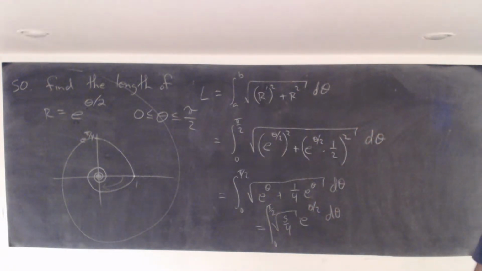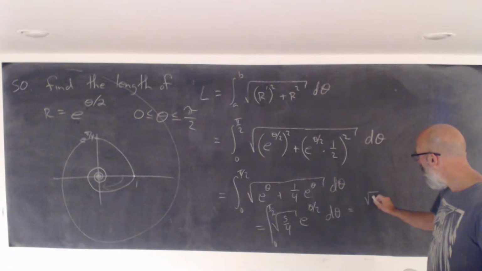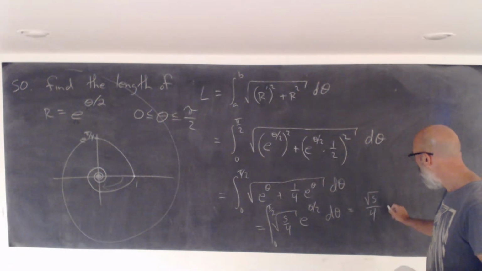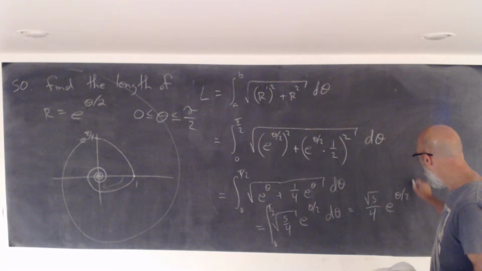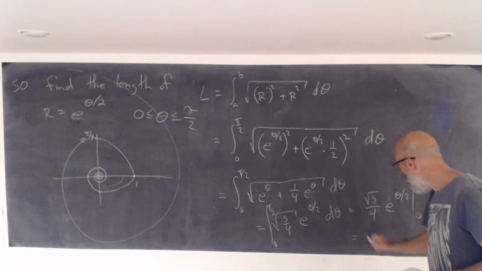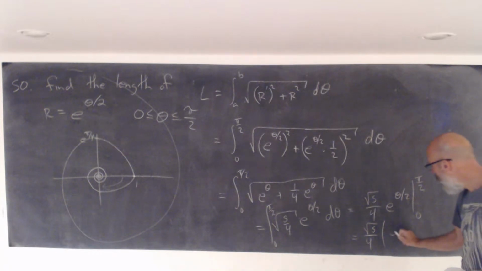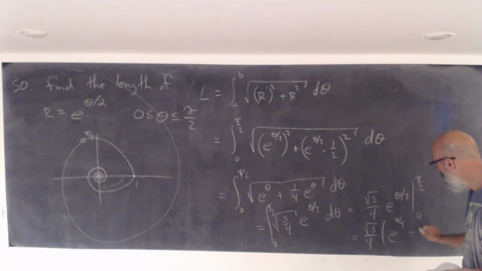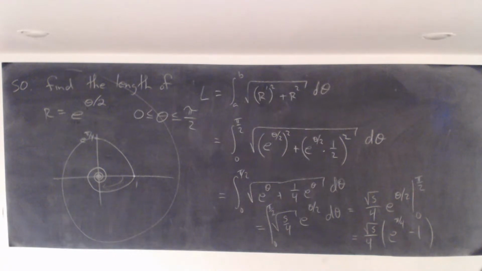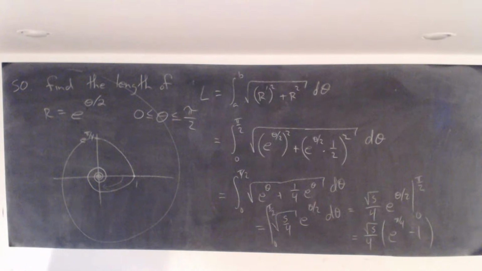Right, if you factor out an e to the theta, an antiderivative of that is going to be a root 5/4 e to the theta over 2 from 0 to pi over 2. And this is e to the pi over 4 minus 1. Absolutely.